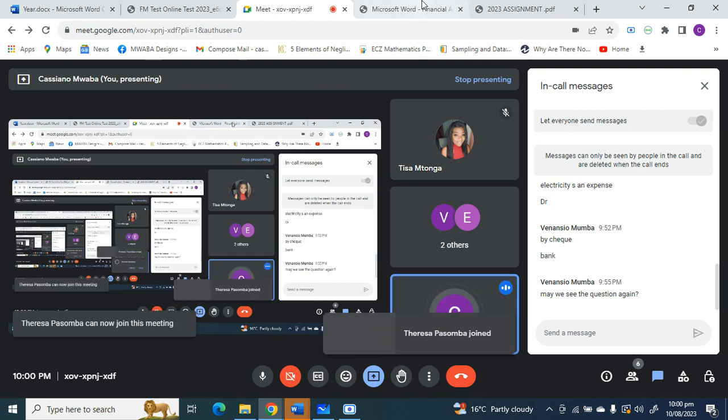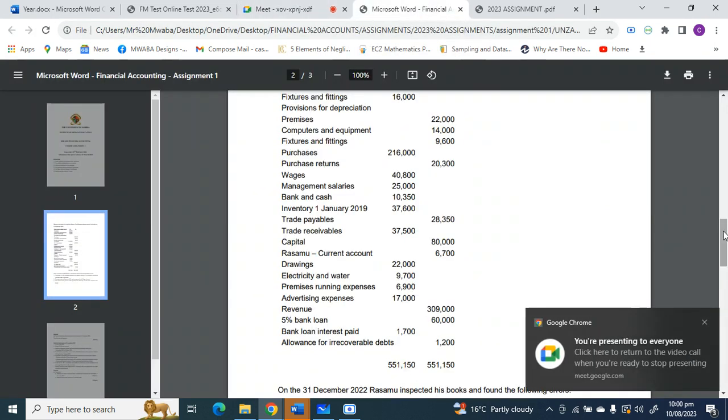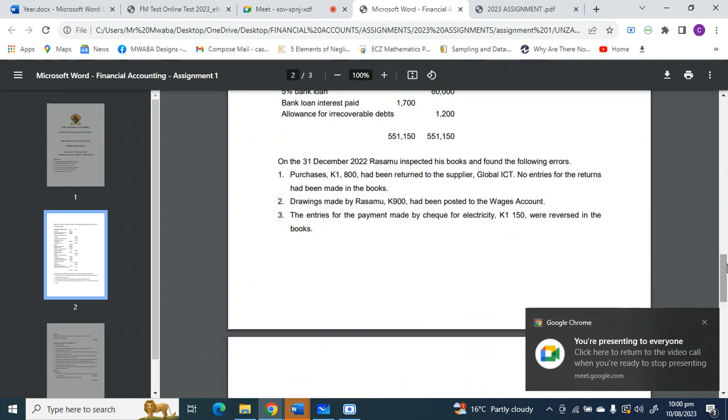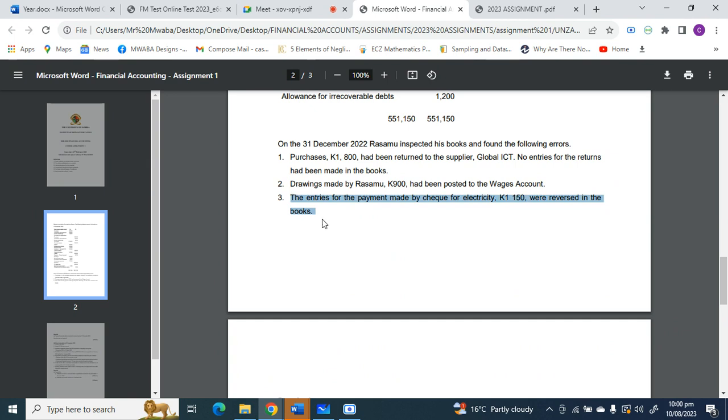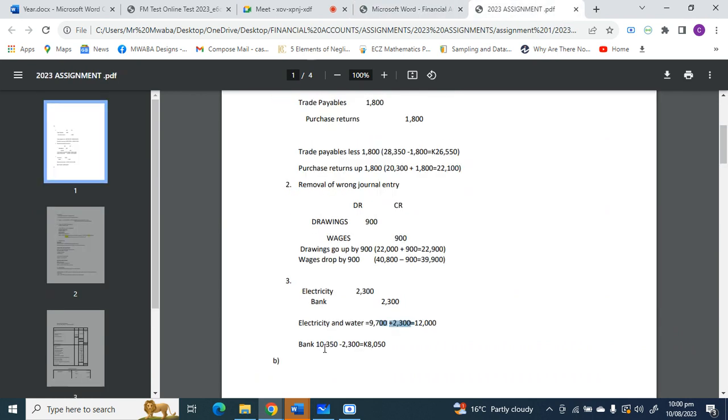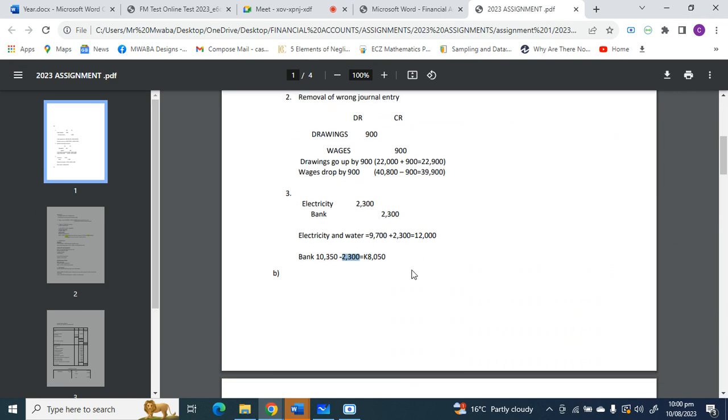May we see the question again? Okay, here it is. This one here, that's the one we're looking at. So bank needs to decrease by 2,300.